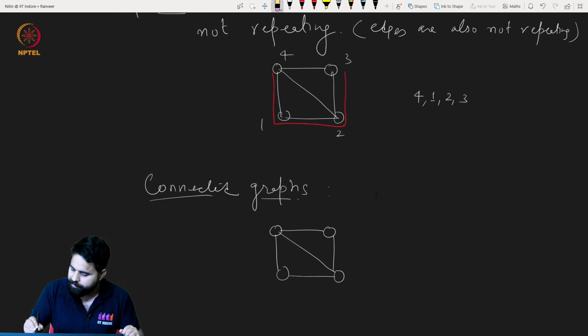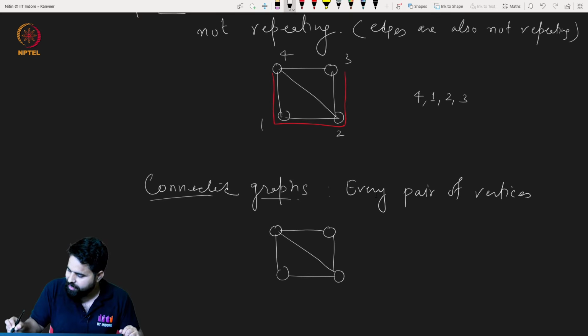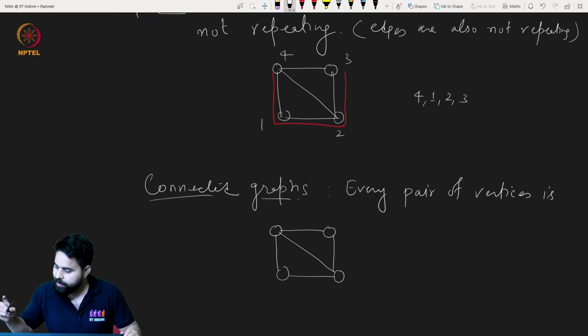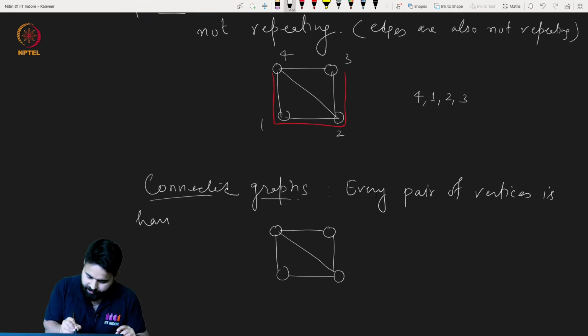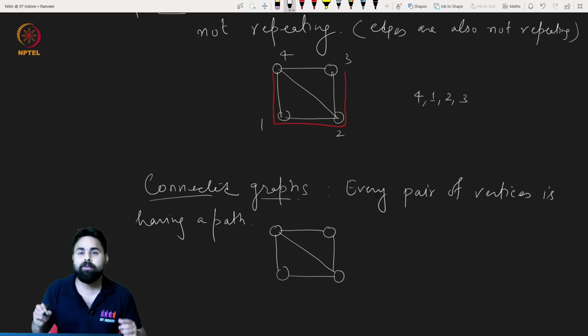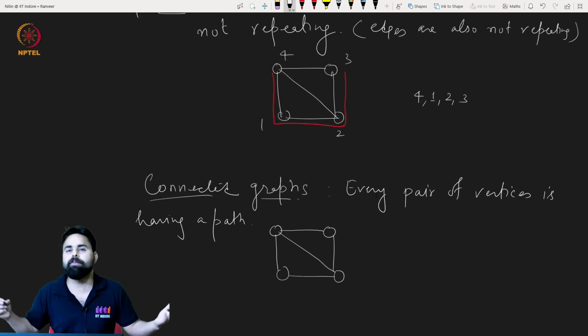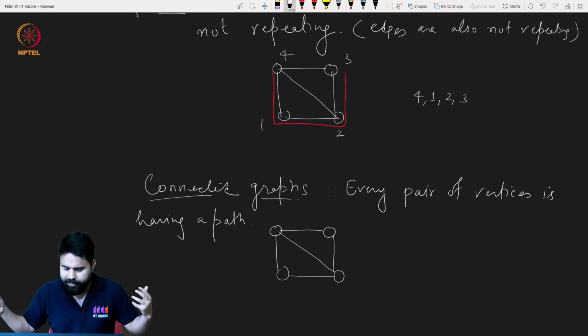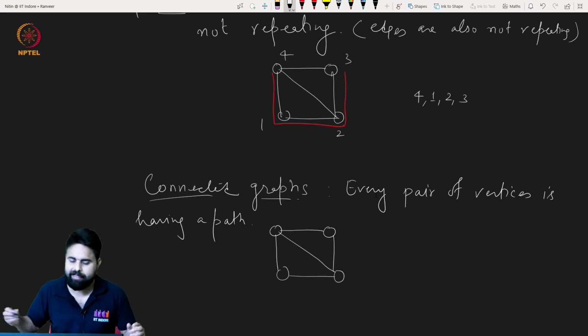In simple terms, every pair of vertices has a path. Very good. So for example, in this graph, if you pick any two vertices, you can always have a path between them. Graphs which are not connected, we call disconnected graphs.